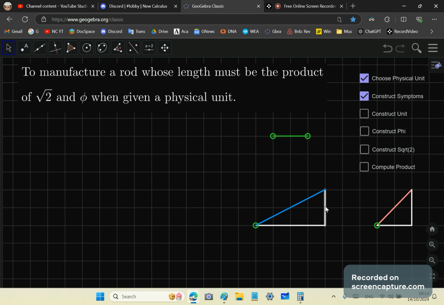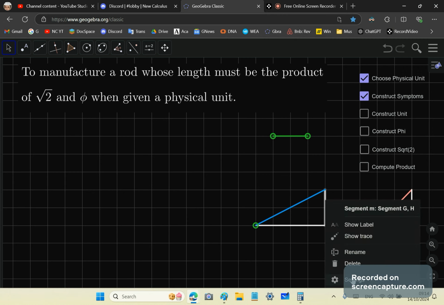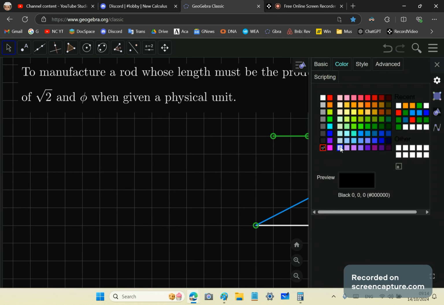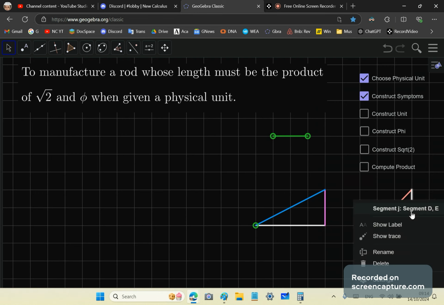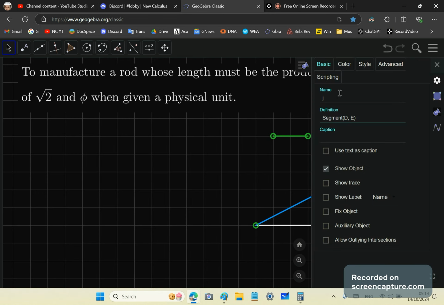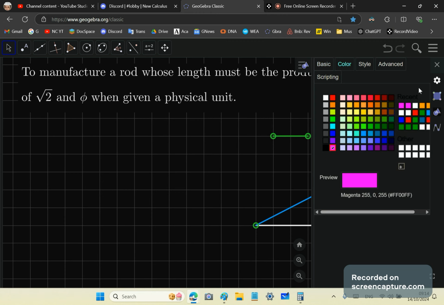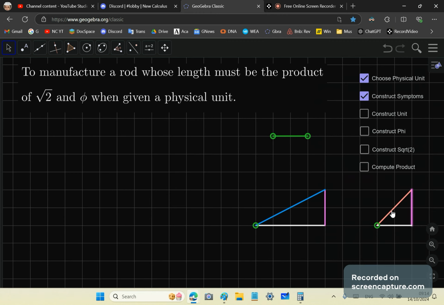So this is the measuring line. Let's give it a color of magenta, and do the same here so you can understand. The symptom square root 5 is this line and square root 2 is this line.